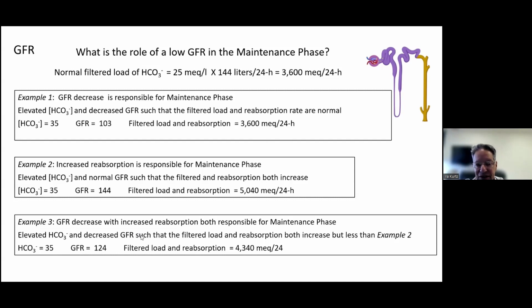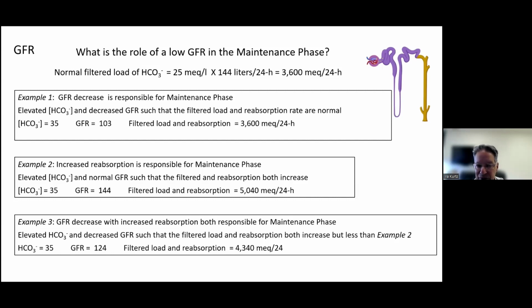So this gives you an idea. Obviously, you can have anything in between. So whenever you have a patient with metabolic alkalosis and you have the maintenance phase, you should always think of whether it's due to the GFR, the tubule absorbing more, or both. And the extremes are a volume depletion with vomiting, let's say, where you have a chloride sensitive.